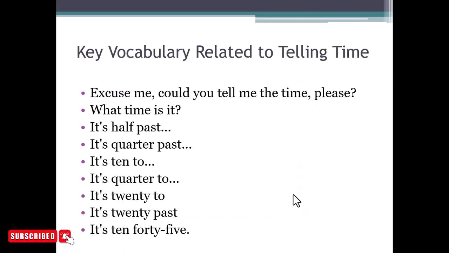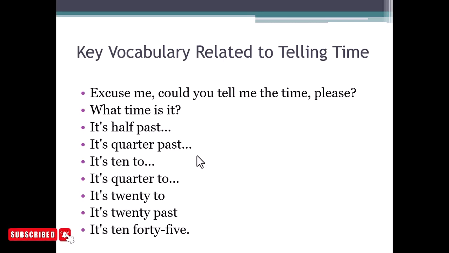Key vocabulary related to telling time: how to ask the time, we can say, excuse me, could you tell me the time please? And we can say, what time is it? The answer should be like: it's half past, it's quarter past, it's 10 past, it's quarter to, it's 20 to, and it's 20 past.